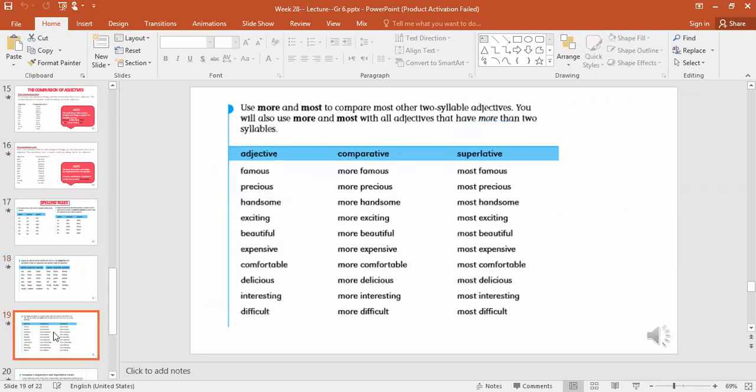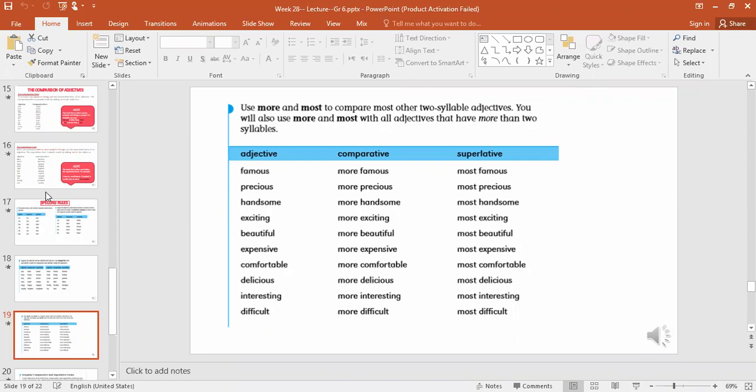Okay. Now we move to the adjectives that have two syllables, and of course they do not end with Y. Two syllables, but they do not end with Y. Like famous, precious, handsome, exciting, beautiful. Some of them have more than two syllables.